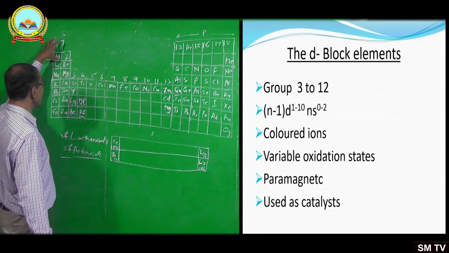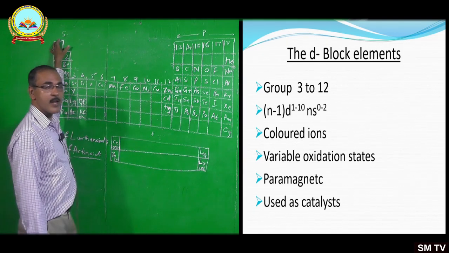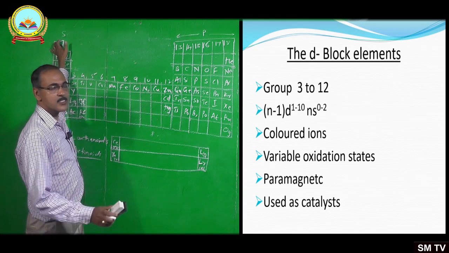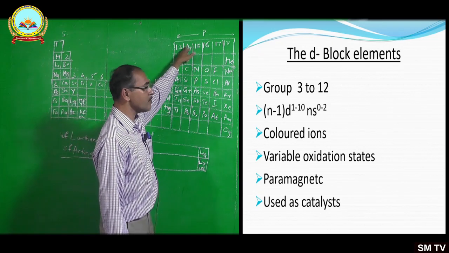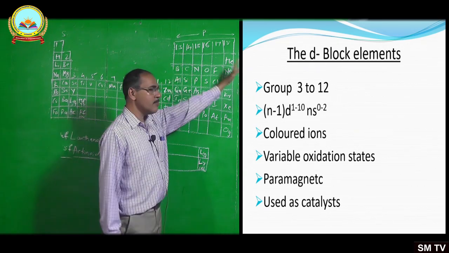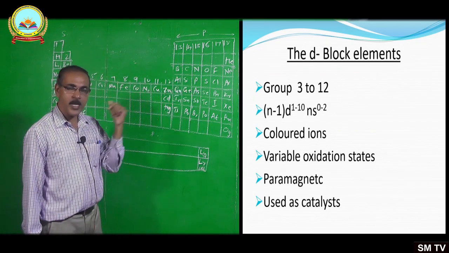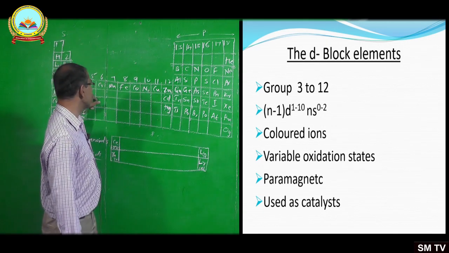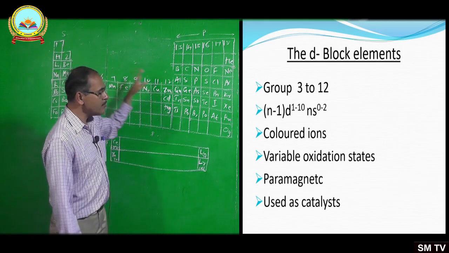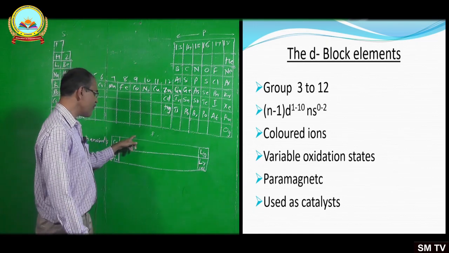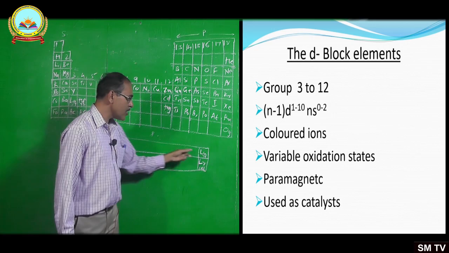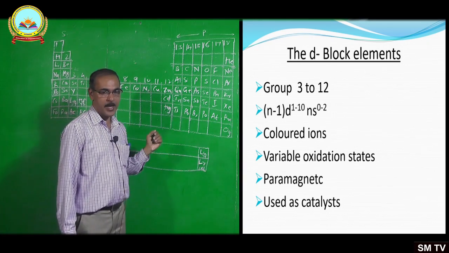If the last electron enters the s orbital, they are called s block elements. If the last electron enters the p orbital, they are called p block elements. If the last electron enters the d orbital, they are called d block elements. If the last electron enters the f orbital, we call them f block elements.